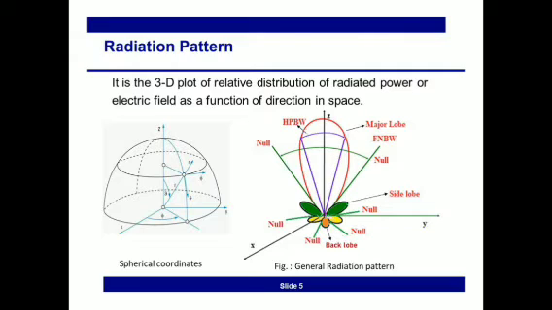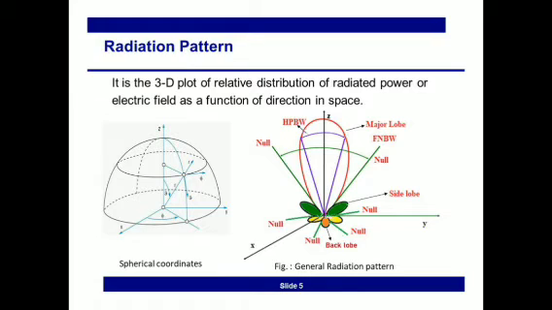The other parameter that can be derived from the radiation pattern is the half power beam width. Now, the effective width of the main beam can also be found out from the half power beam width, which is a better measure than the beam width between the first nulls, and this width can be found by the angular separation between the directions where the field strength reduces to 1 upon root 2 of its maximum value.